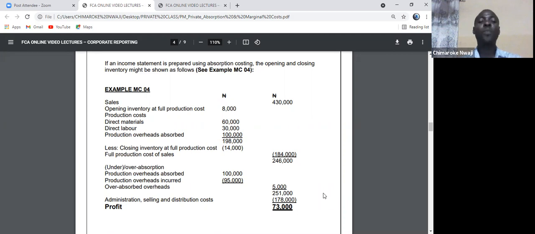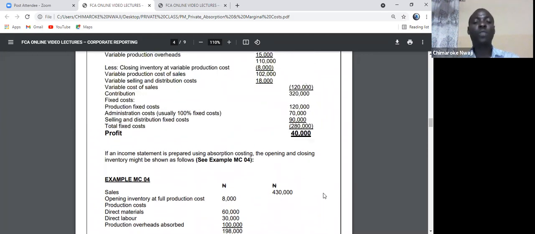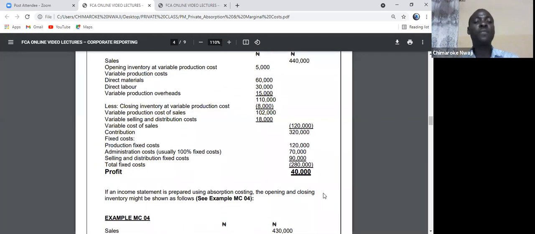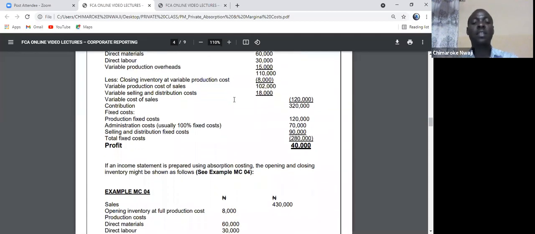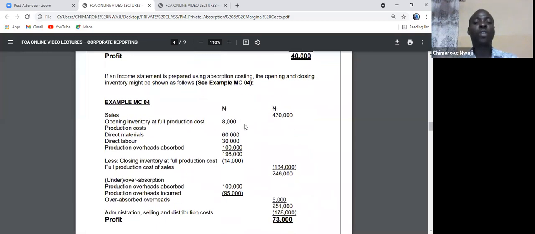Now look at your opening inventory at full production cost. Now compare it with what we have here, opening inventory at variable production cost. So you see here, this is full production cost, which means fixed cost element is located in this full production cost. Fixed cost element is there.